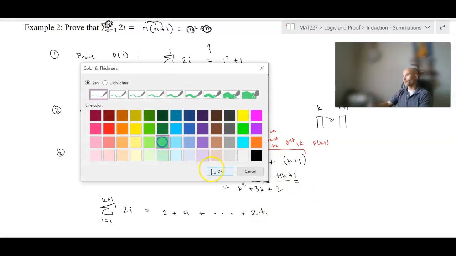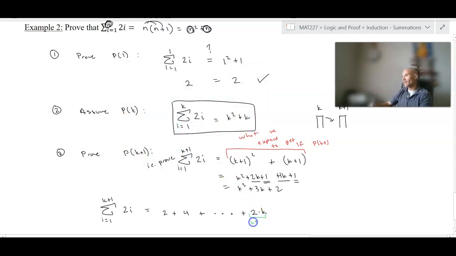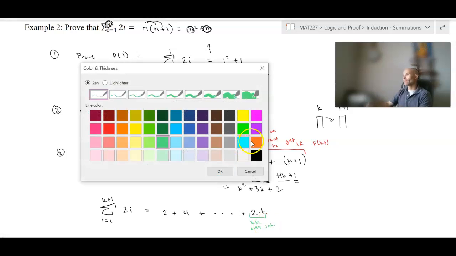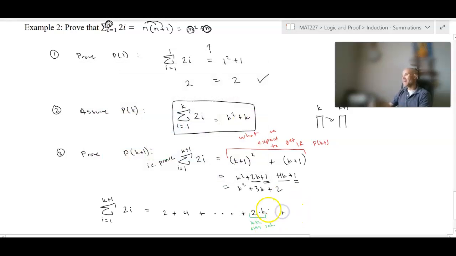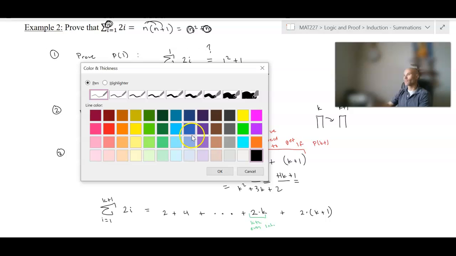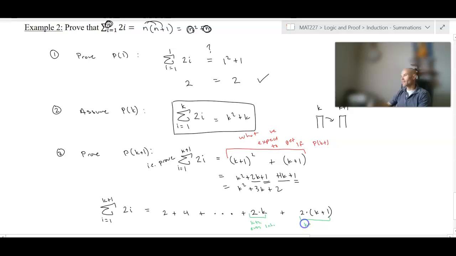Once again, that represents the kth even integer. But now we need to add on the next even integer, because we're adding up not just the k even integers, but the k plus 1th even integer. Well, that would just be 2 times the value of k plus 1. And as before, that represents the k plus 1th, sounds funny, even integer.